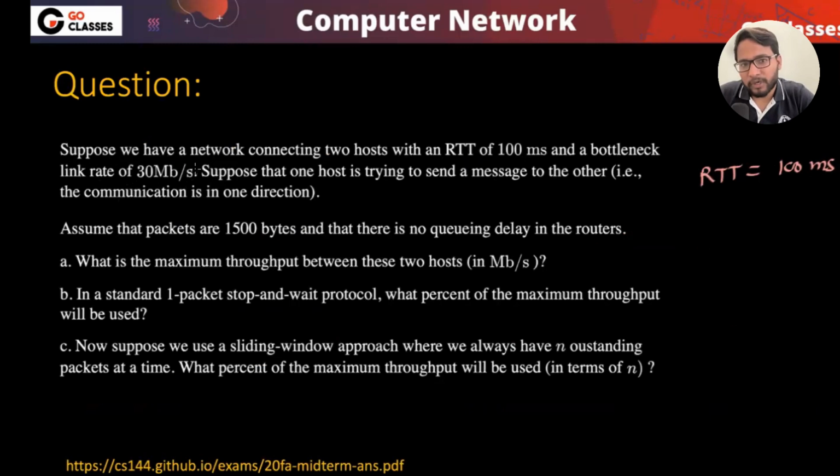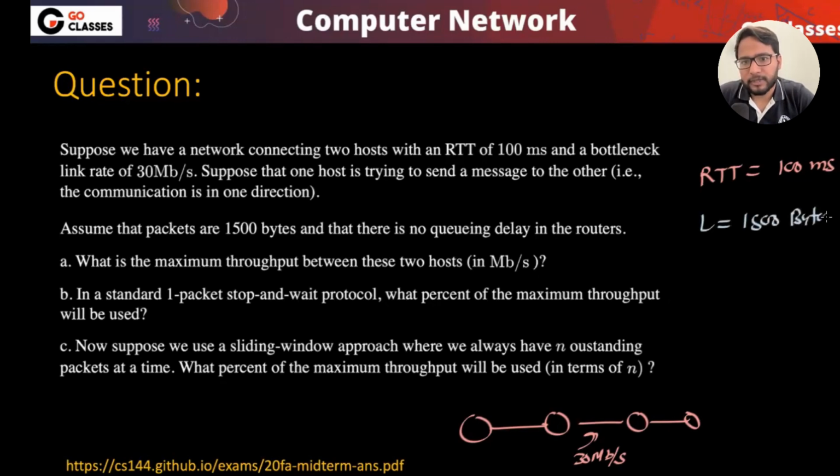There could be multiple connecting nodes, and the bottleneck bandwidth is 30 megabits per second. Now they're saying, assume that packet size is 1500 bytes. So length is also given to you. What is the maximum throughput that you can achieve?